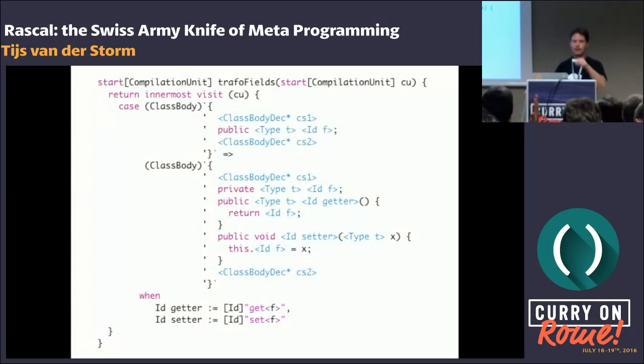There was a question, Alex? Is Rascal bootstrapped? The parser is bootstrapped. The parser of Rascal is bootstrapped in itself. What I've shown you is based on the Rascal interpreter, which is our way of getting off the ground.